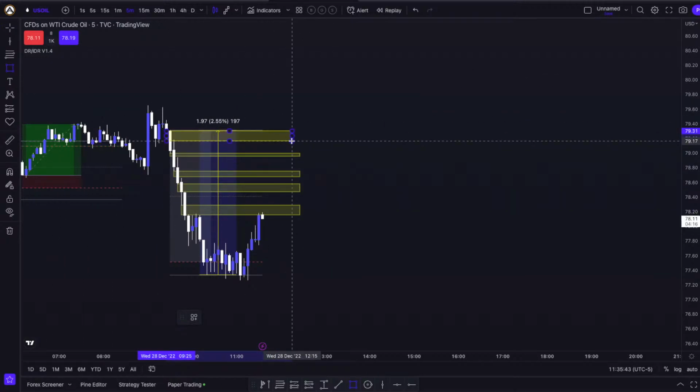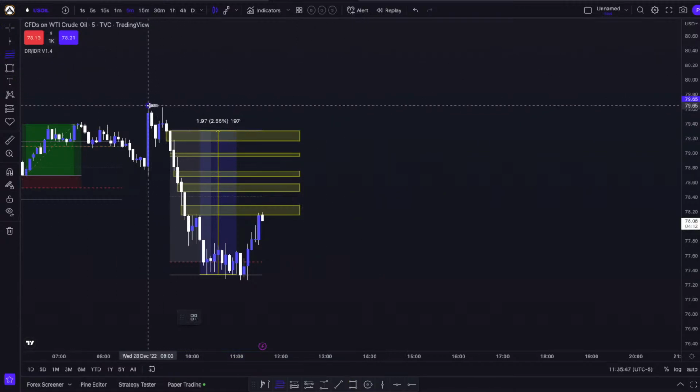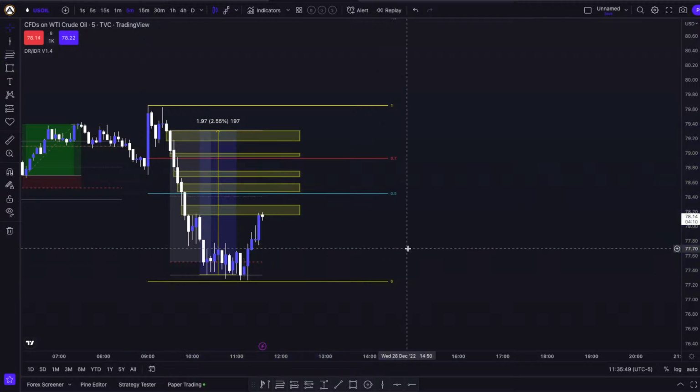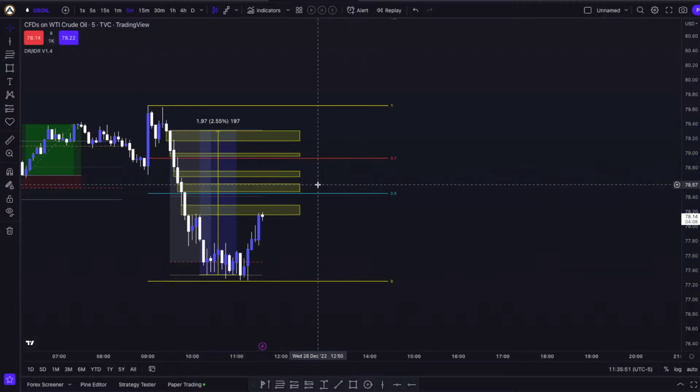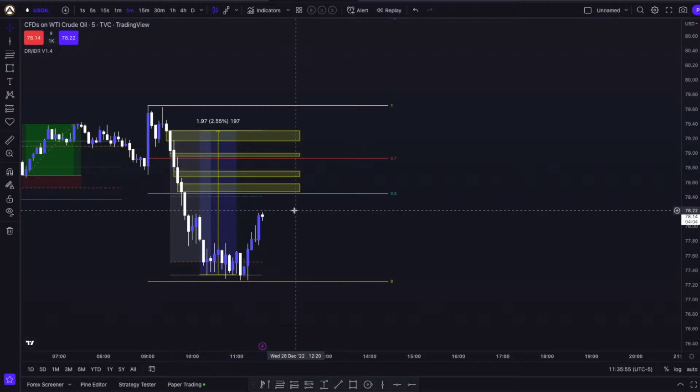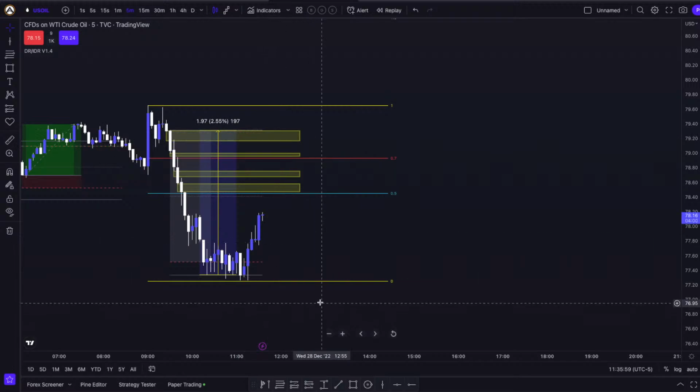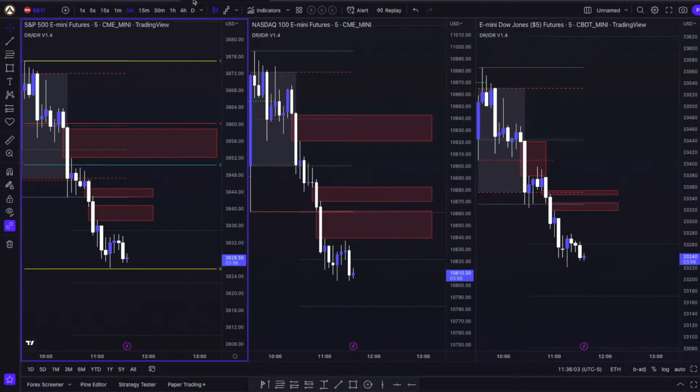Right here for a potential pullback. Now, if we draw our Fibonacci retracement tool from our high to our low, I'd only be considering fair value gaps that are above the 50% level. So they have to be in a premium for me to short them back into the discount area. And vice versa.